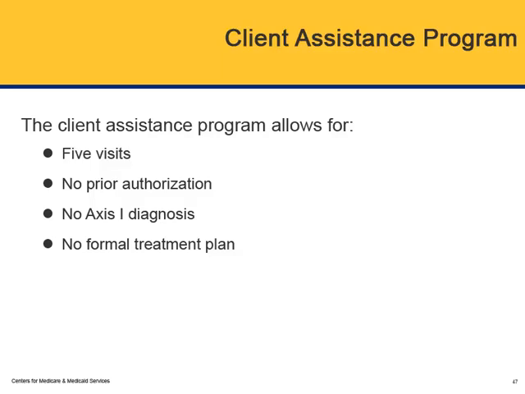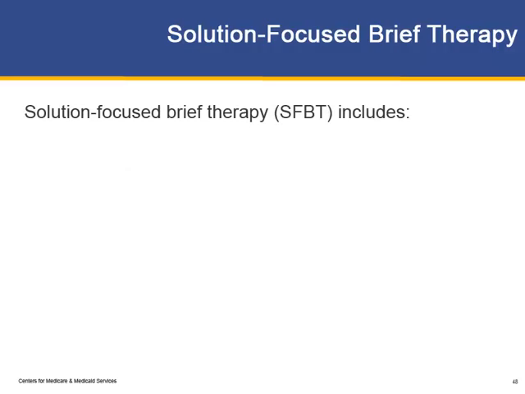JK's case manager referred him to the Medicaid Client Assistance Program because the program is specifically designed to help beneficiaries deal with personal stressors that are interfering with their general well-being. The Client Assistance Program does not require an Axis I diagnosis or a formal treatment plan. During their initial meeting, the therapist alleviated JK's fears related to therapy and explained the principles of solution-focused brief therapy.